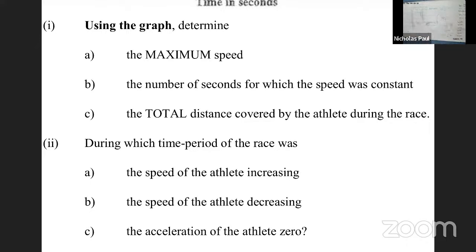I want you to try it out. Right, last 2 minutes and I'm correcting it. Those who are online, send the answers now, please.